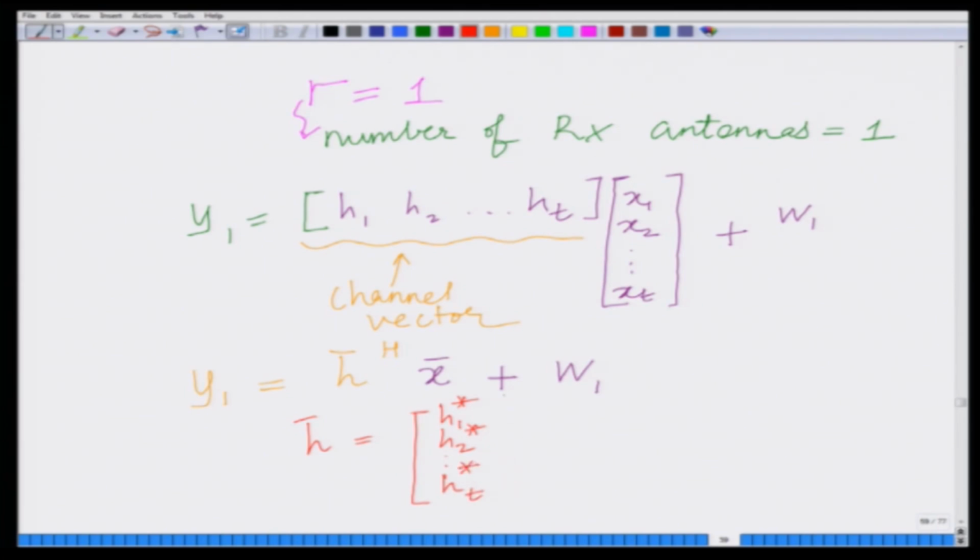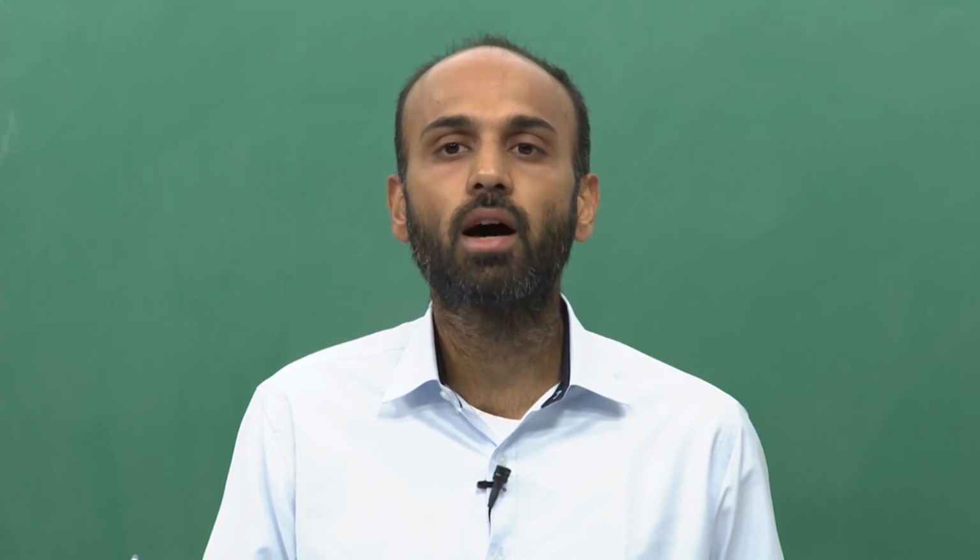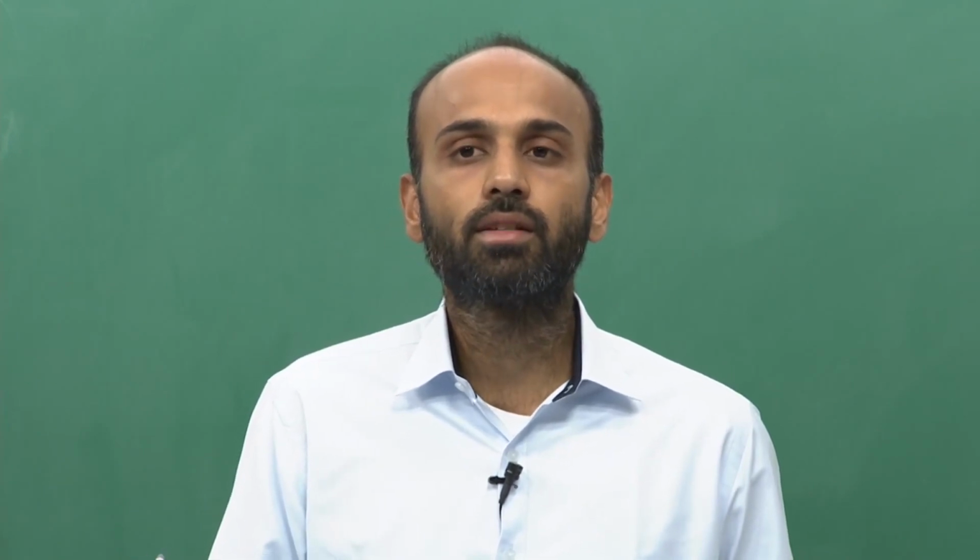Therefore, you can see that h Hermitian, where I am taking the transpose and conjugate, will give me h1 h2 hT. So, I can represent this as y1 equals h Hermitian x bar plus w1, where h bar is the channel vector, and this is a very interesting scenario of a single receive antenna and multiple transmit antennas, which we have not seen before.